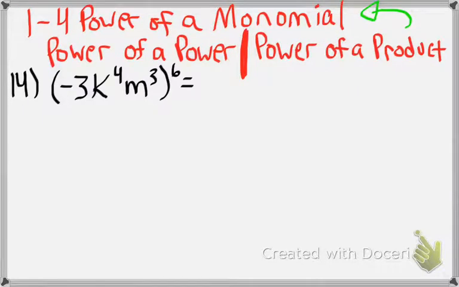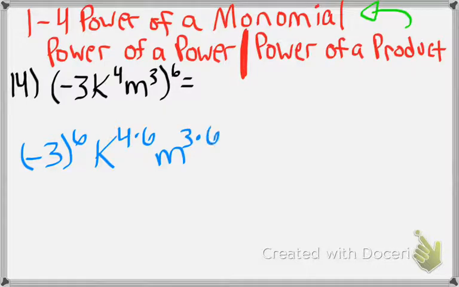Like I already explained on the last one, it's everything on the inside to the 6th power. So you have negative 3 to the 6th power, and then for the ones that already have a power, you multiply them together. Now, you would use your calculator to find out 3 to the 6th power: negative 3 times negative 3 times negative 3 times negative 3, and 2 more times. But long story short, a negative times a negative is a positive.